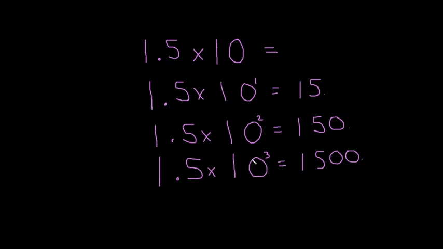That's 1,000. If you multiply 1.5 times 1,000, you'll end up with 1,500. And if we did it one more time, 10 to the fourth is 10,000, and 10,000 times 1.5 equals 15,000. The exponent tells us how many times to move the decimal point.